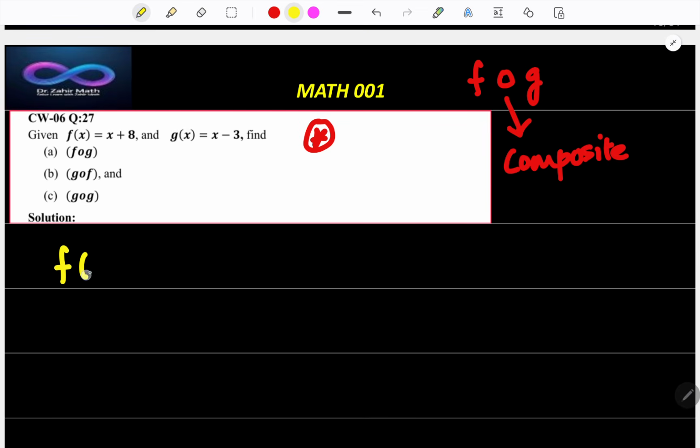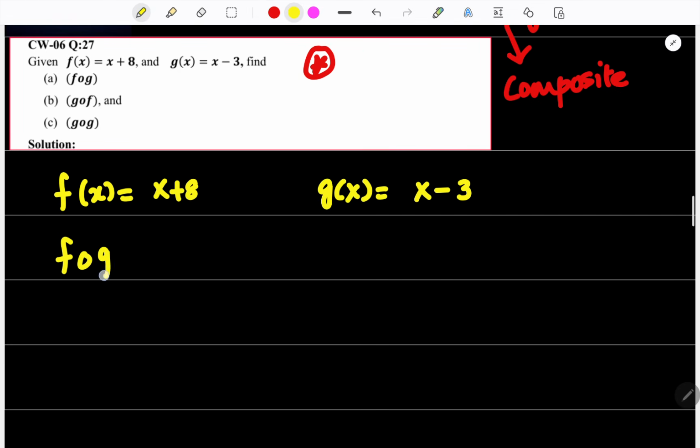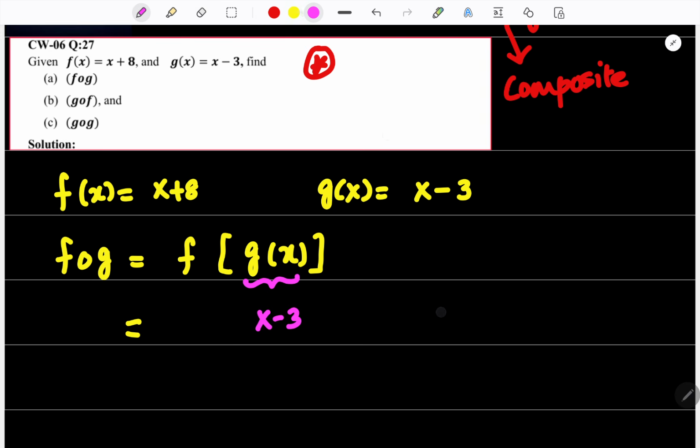Suppose your f of x is given, right, x plus 8, and g of x is given what? X minus 3. What are you supposed to find? F composite g. It means what? First you write f and then open a bracket, write g of x. Clear everybody? Right. And then put this g of x inside. What is your g of x? X minus 3.